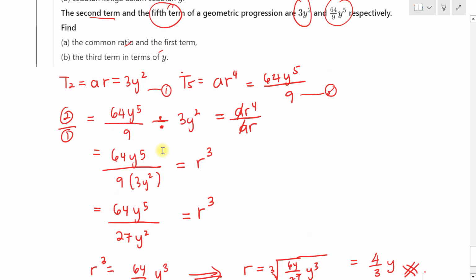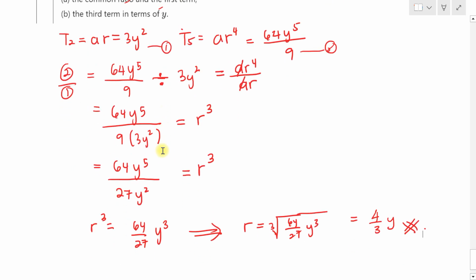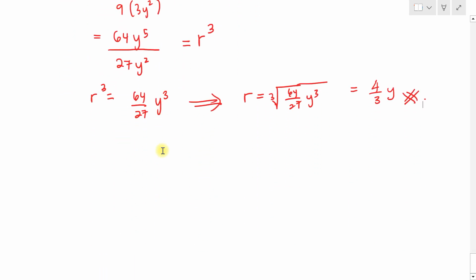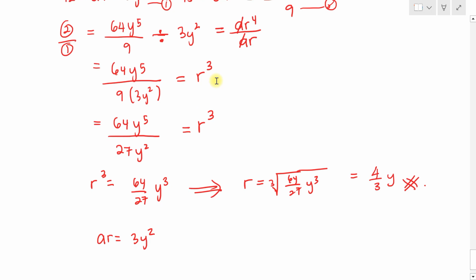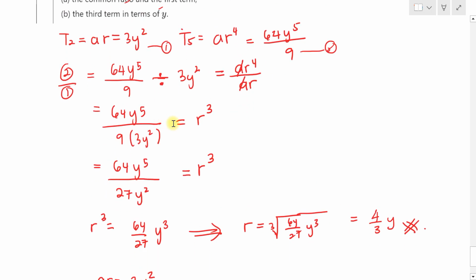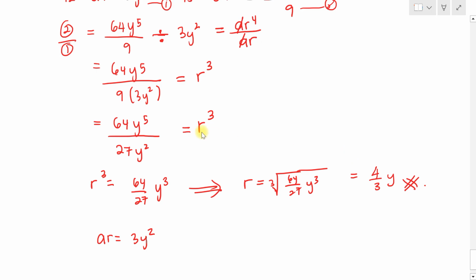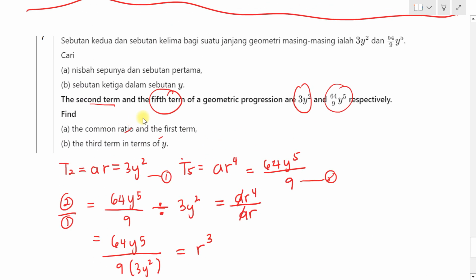Okay, they're asking for the first term. Substitute into equation 1. AR equals 3y squared, right? I know my working today is very messy, but I just show you the way to do it. You try to do it in an organized way, because I'm very tired to write very nicely for you.